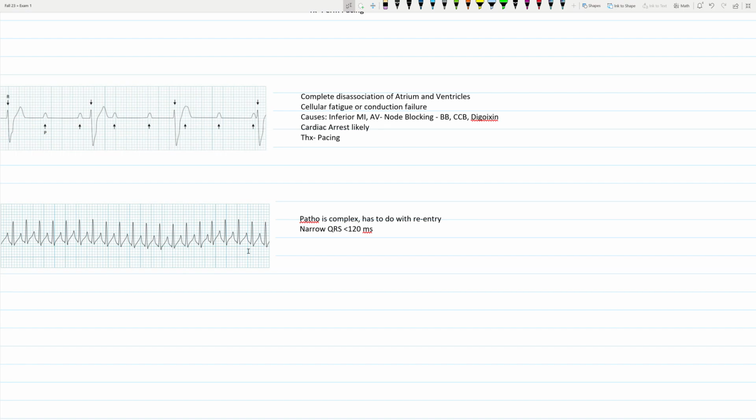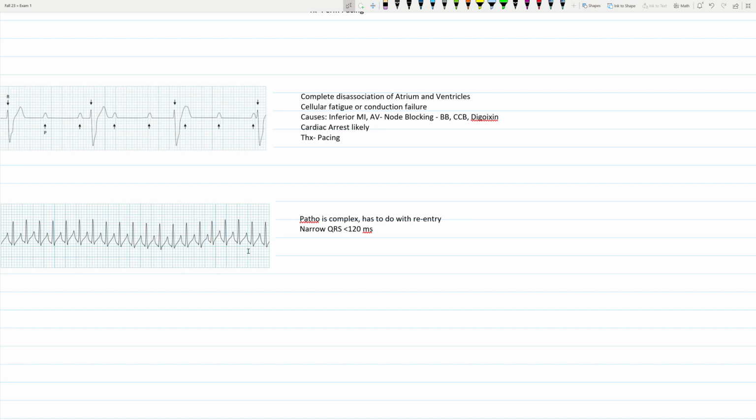Like I said, we have to have pads on for this. If you're doing a synchronized cardioversion, you're going to have pads on already, but just make sure you're ready, because there's a possibility that they might go into asystole or PEA, or it's VFib or VTach. Just keep that in mind.